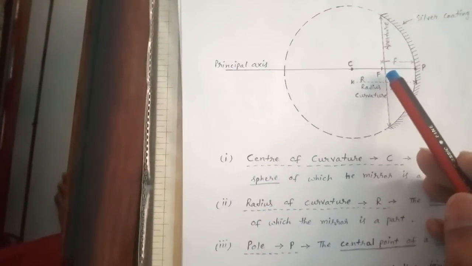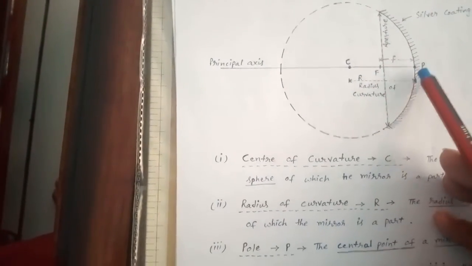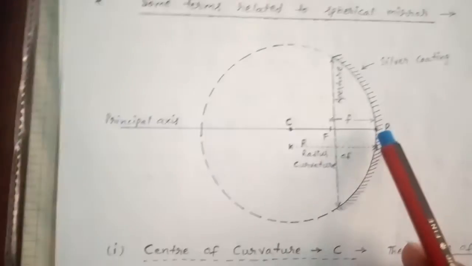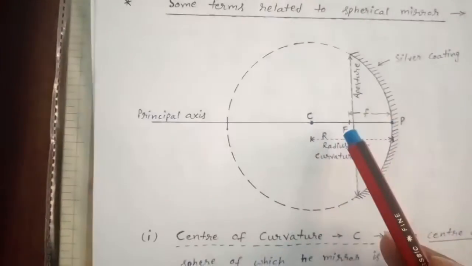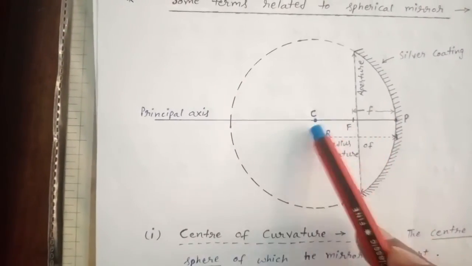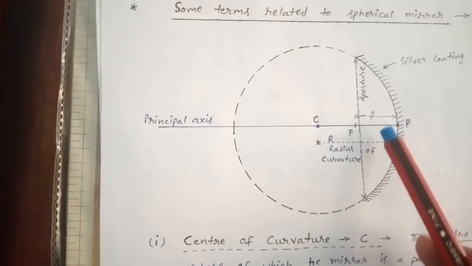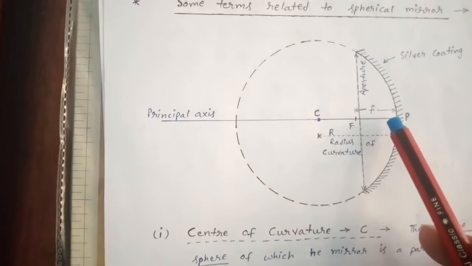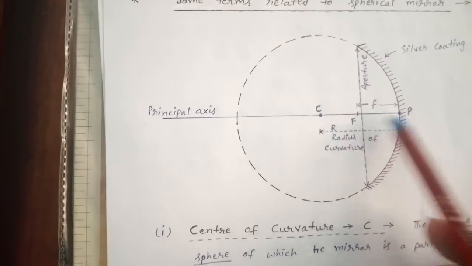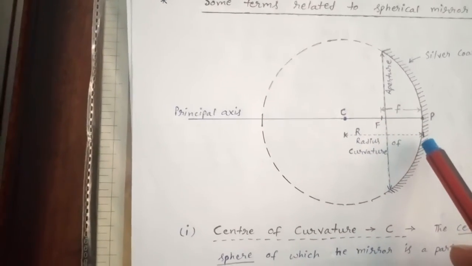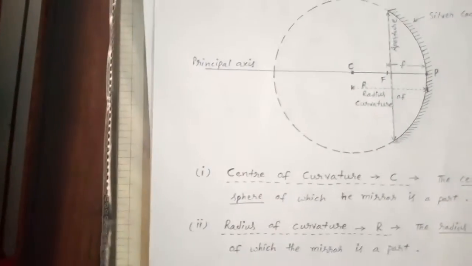And remember guys, the distance from focus to the pole is known as the focal length, which is exactly half of the radius of the sphere, or we can say that the radius of the sphere is twice the focal length of the spherical mirror.